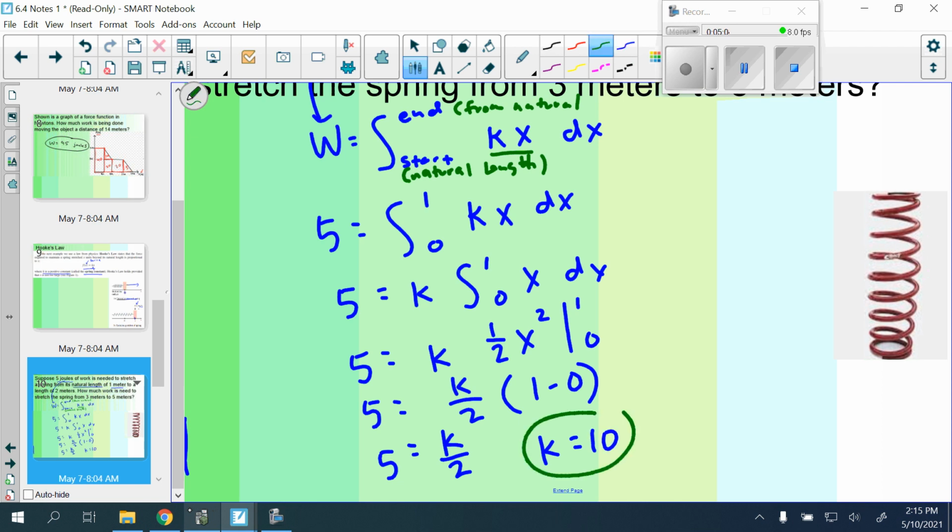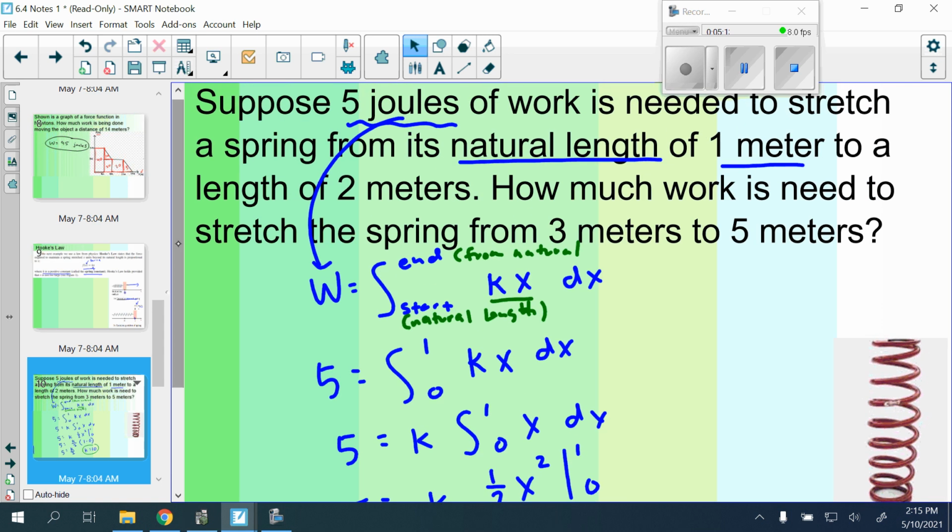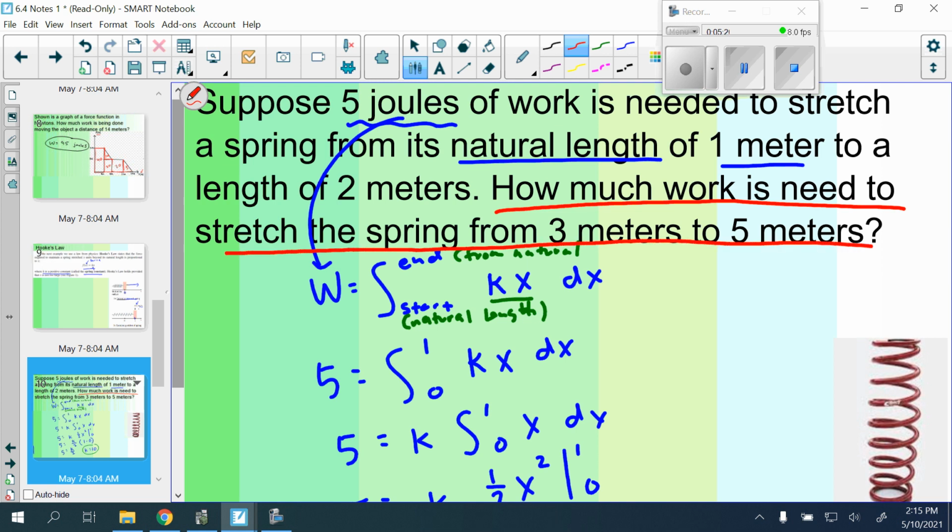Now, that's not our answer, but we are going to use that to answer the next part, because there's a second part to this question. The second part starts here. How much work is needed to stretch the spring from 3 meters to 5 meters? So now let's set up this second work integral. Okay, so let's start with our limits. 3 meters to 5 meters. Remember, our natural length of this is 1.